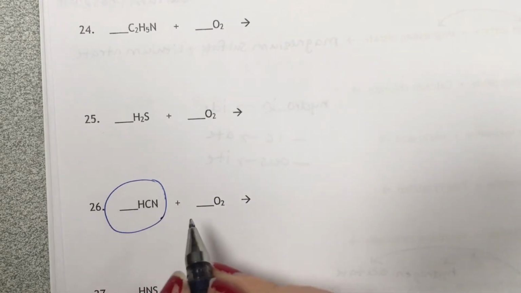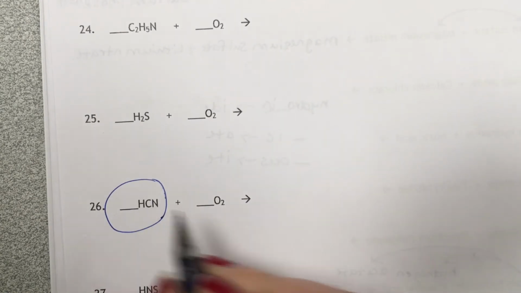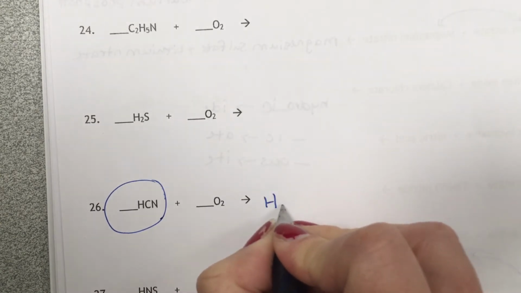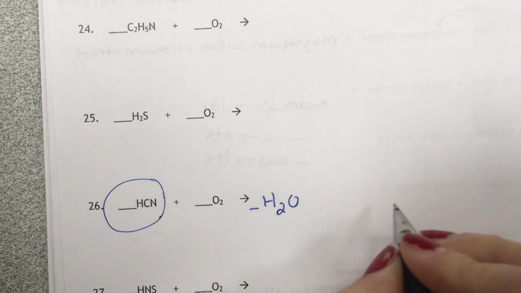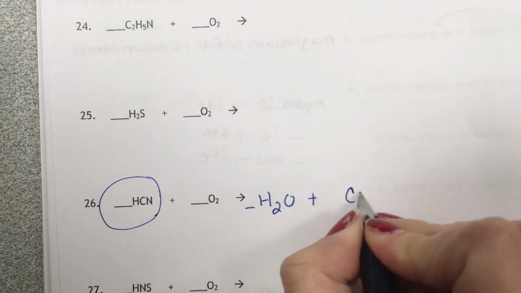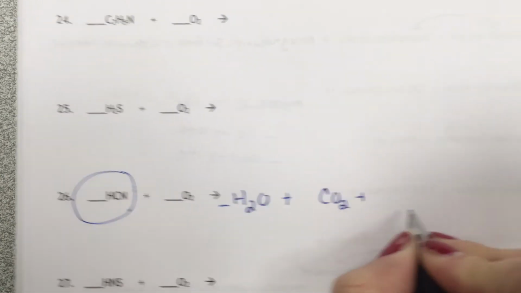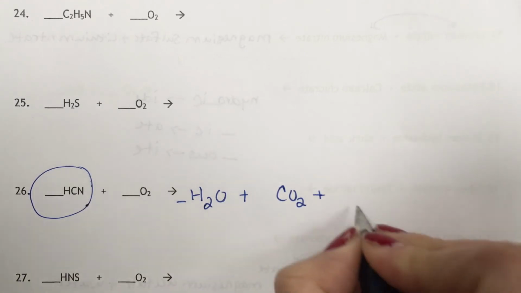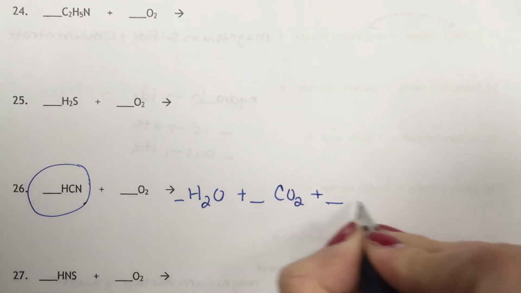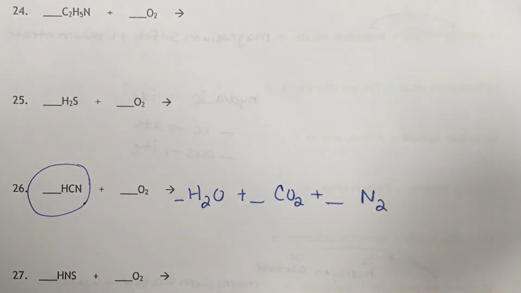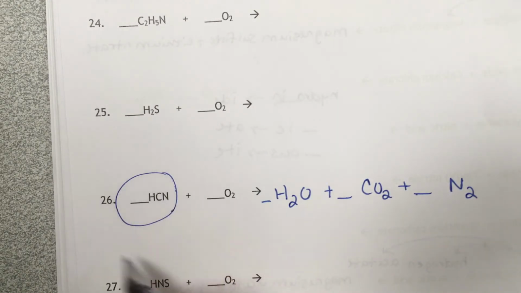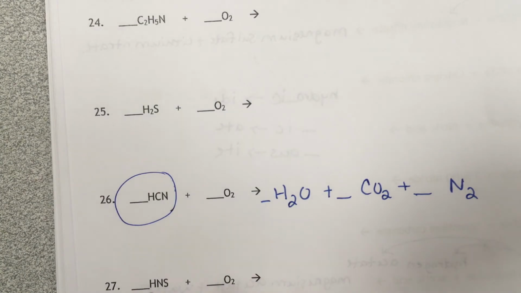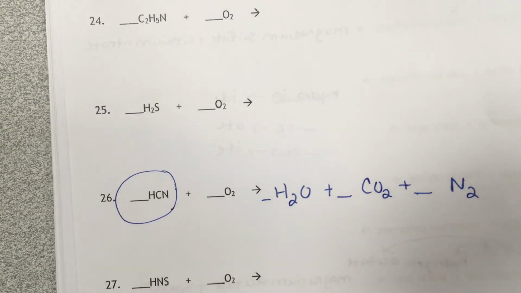So remember that little table in the notes. If there's hydrogen present, that means there's going to be H2O. I should have given myself space to balance. And if there's carbon present, that means there's going to be CO2 as a product. And if there is nitrogen present, there's going to be N2. So really you just look at the non-oxygen compound in the combustion reaction, and that's how you find your products.